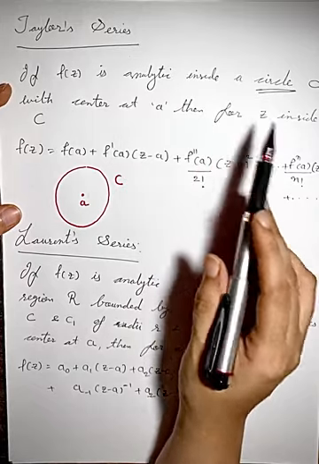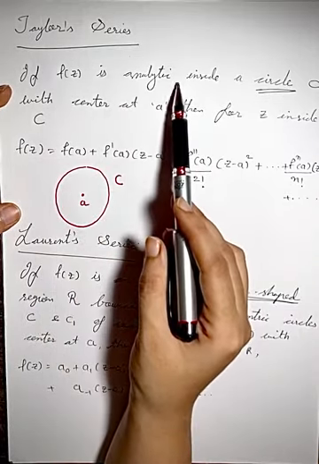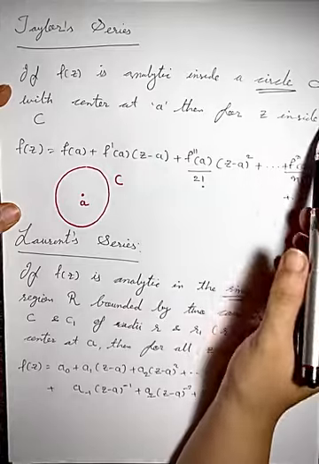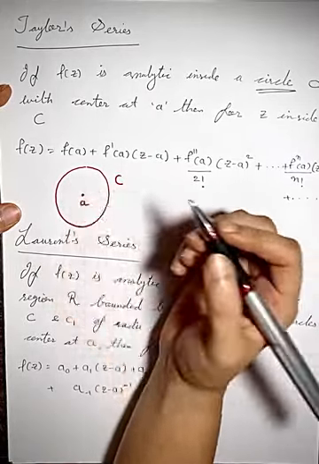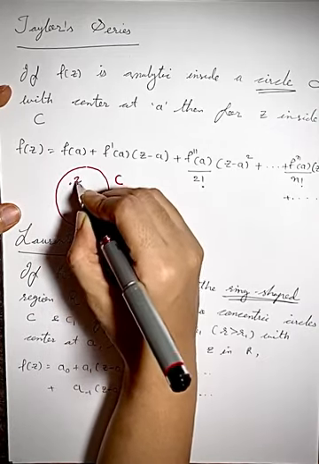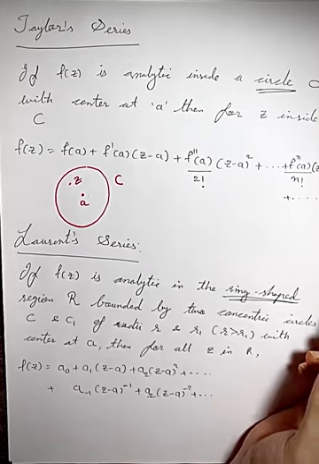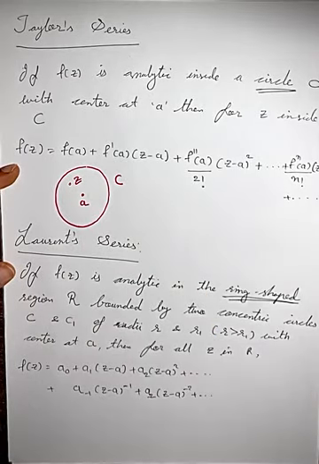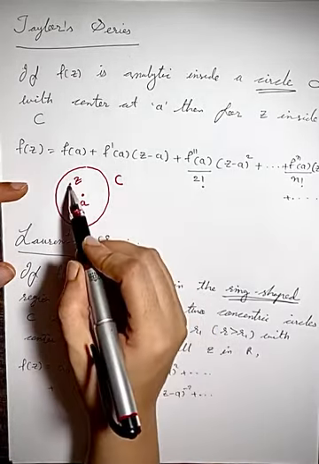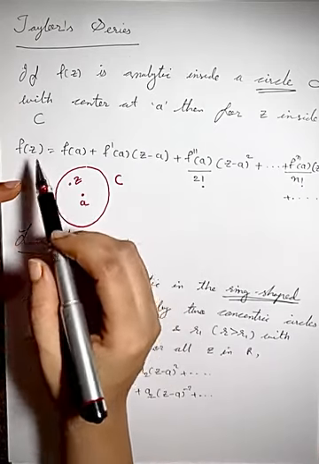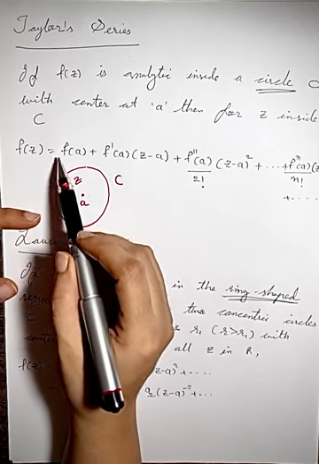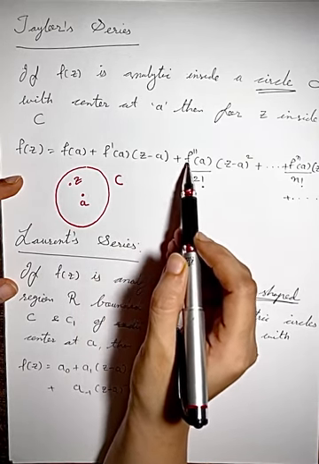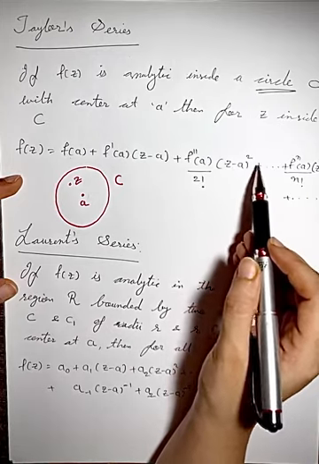Now if f of z is analytic inside the circle C with the center at A, then for any point z inside the circle C, if I want to define f of z in terms of a series, I will define it like this: f of z will be equal to f of a plus f prime of a into z minus a plus f double prime of a upon 2 factorial into z minus a squared, and so on.